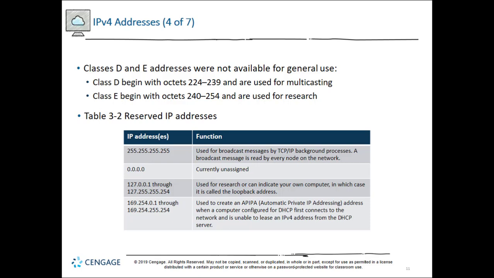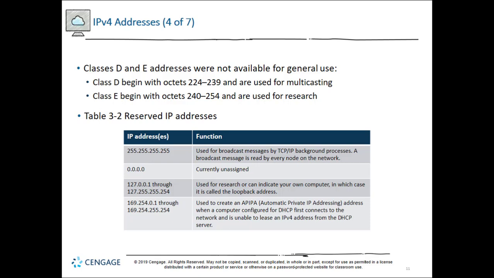As I mentioned earlier, class D and E are not available for general use. D begins at 224 and goes all the way to 239. It's used for multicasting. Multicasting is used when we have multiple computers or nodes communicating with each other in a group-like session.